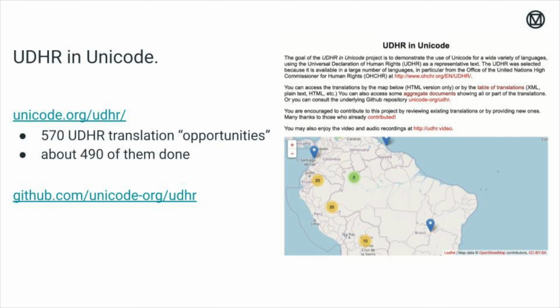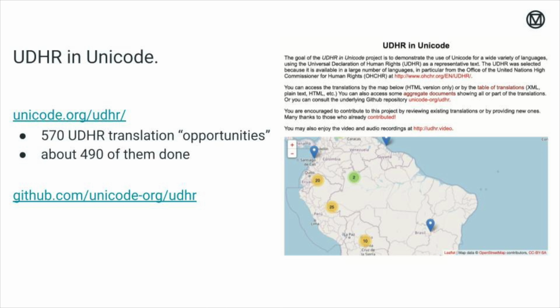Besides defining a standard for both emojis and text, Unicode also runs the UDHR in Unicode project to illustrate the use of Unicode for a wide variety of languages, using the Universal Declaration of Human Rights as a representative text.